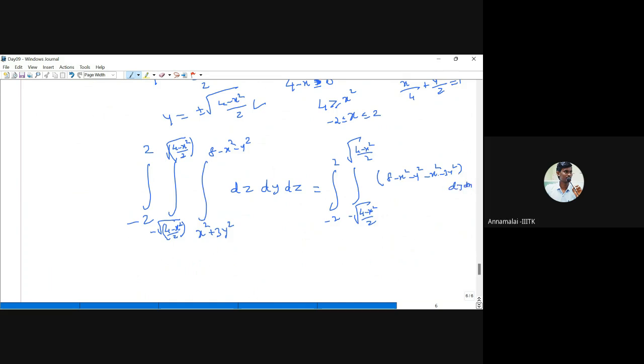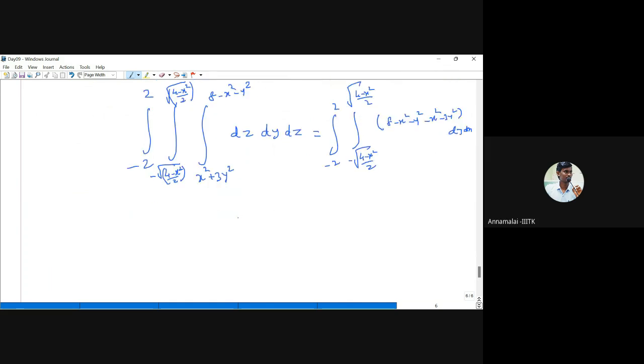So we can simplify, and this is equal to integral from minus 2 to 2, integral from minus square root of (4 minus x square) by 2 to plus square root of (4 minus x square) by 2. If you simplify, this is 8 minus 2x square minus 4y square, dy dx.